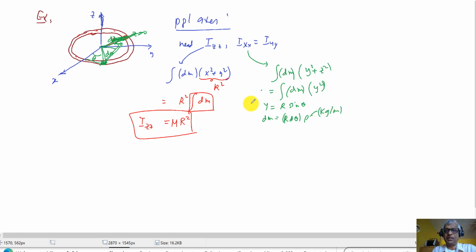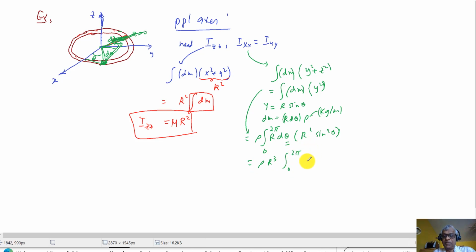Now putting it in, I get rho r d theta r squared sine squared theta, and to get all the mass I'm going to have to go from 0 to 2 pi in theta. So I have rho r cubed, integral from 0 to 2 pi, of sine squared theta d theta.